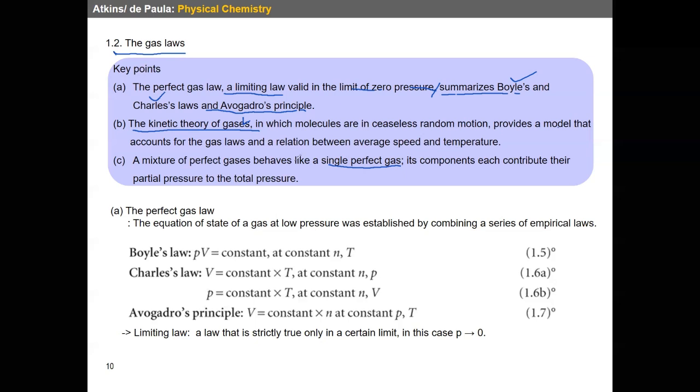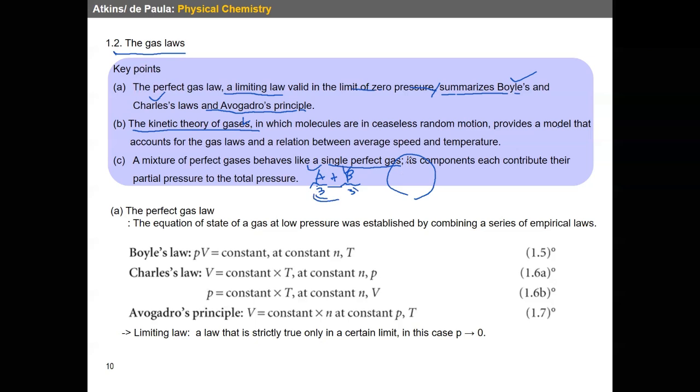So what does it mean? If there is a mixture which consists of perfect gases A and B, then each component contributes its partial pressure to the total pressure. So the pressure of A is, for example, just 3. This is just an example. And the pressure of B is 3.